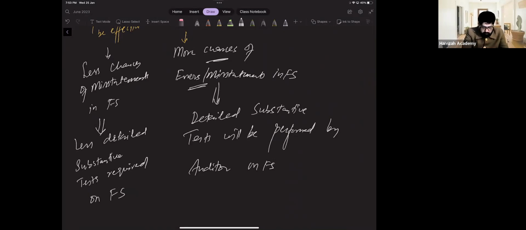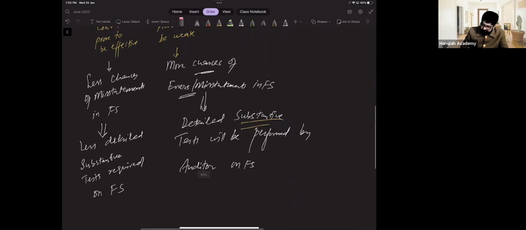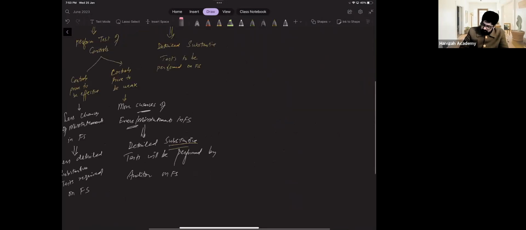Now, students, what are substantive tests, by the way? Substantive tests are, the explanation of this word, tests or procedures.